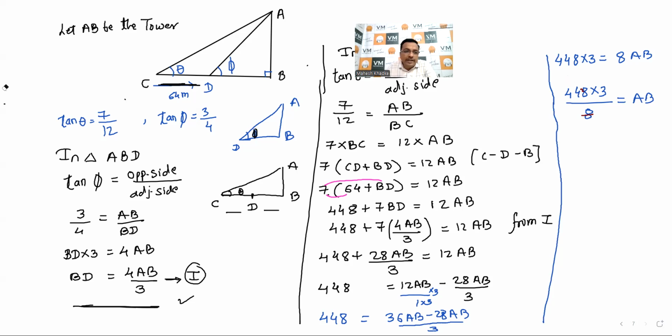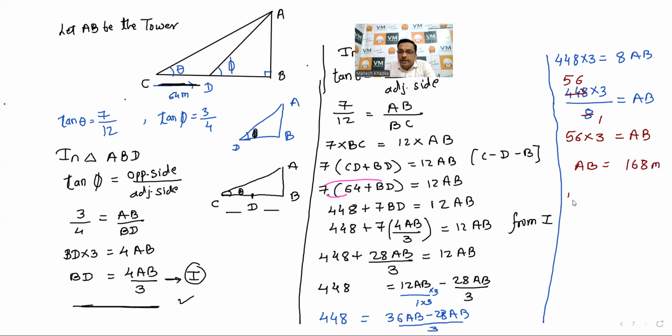सो 8 1s 8, 8 5s 40, बचे 4 and 8, and 8 6s 48, it becomes 56. 56 into 3 is equal to AB. Now AB is equal to 3 6s 18, 1 carry, 5 3s 15 and 1, 16.